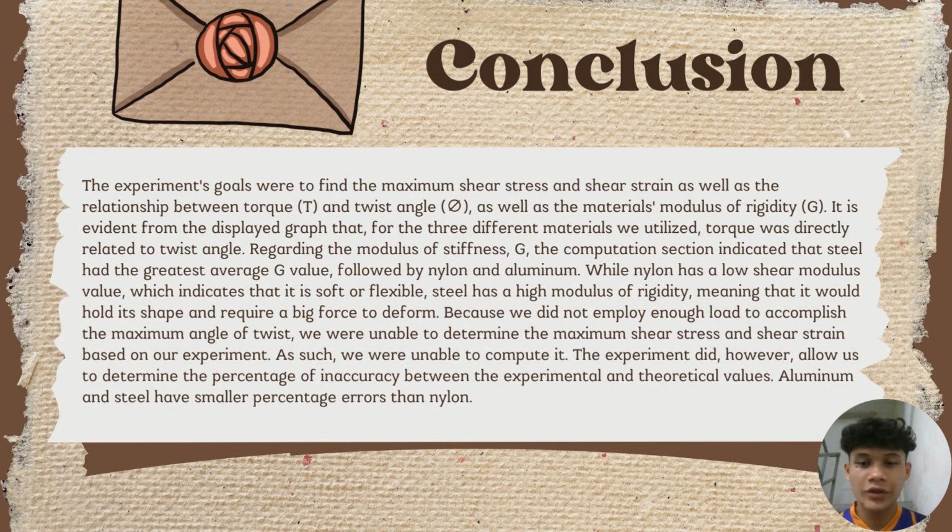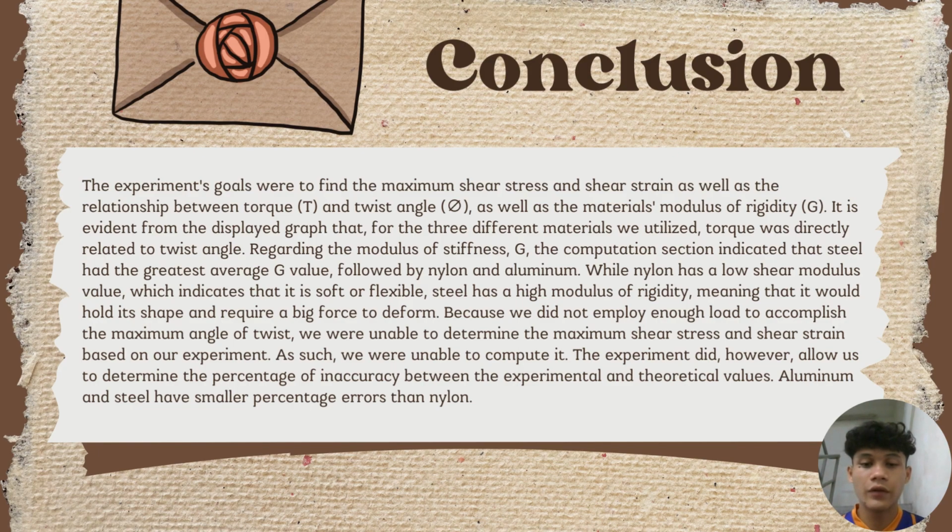Lastly, for the conclusion, the experiment's goals were to find the maximum shear stress and shear strain as well as the relationship between torque and twist angle, as well as the material's modulus of rigidity. It is evident from the displayed graph that for the three different materials we utilized, torque was directly related to twist angle.